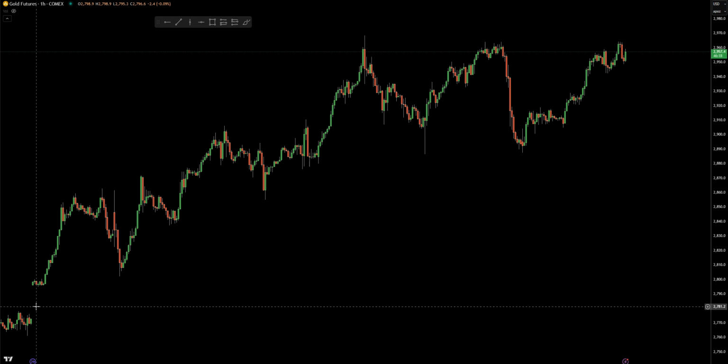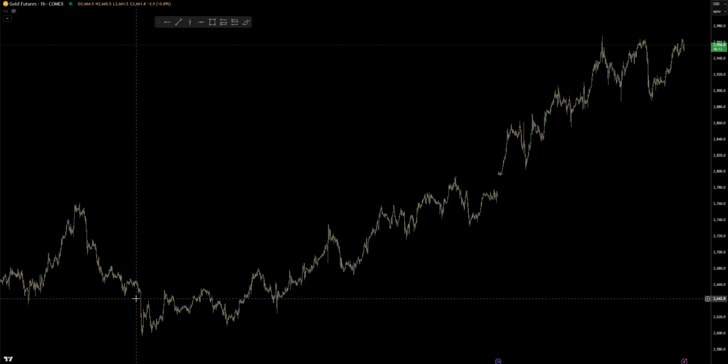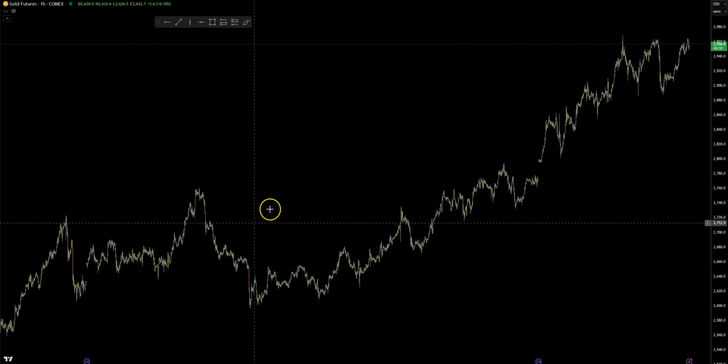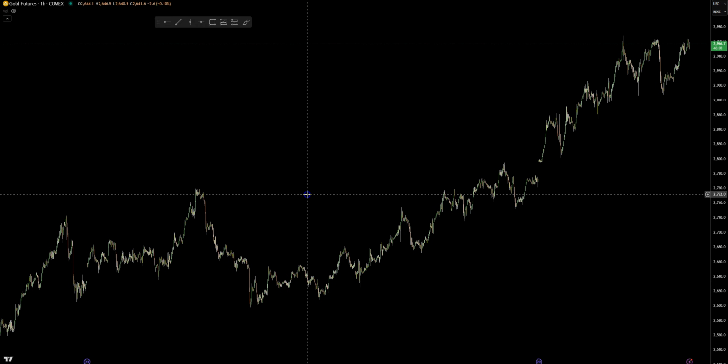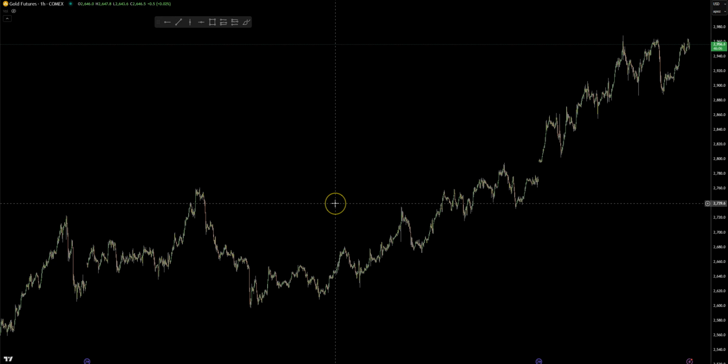So firstly, here's a chart. This is a 1 hour chart on gold. This is a nice clean chart as far as structure goes. It plays out really nice. Not all instruments will look like this all the time.